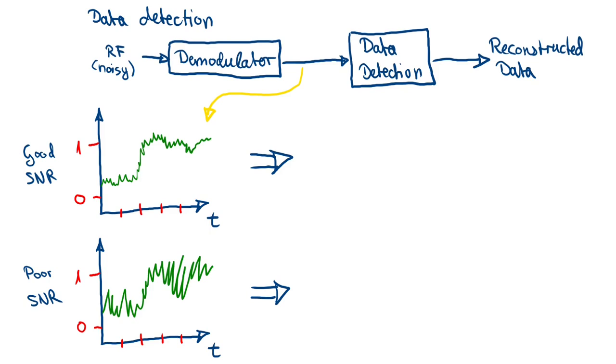And the demodulator then extracts the symbols from the input signal. And what's important here is that the decoded symbols are noisy. So on the way from the sender to the receiver, the signal is subject to noise, and this noise is also present after demodulation.